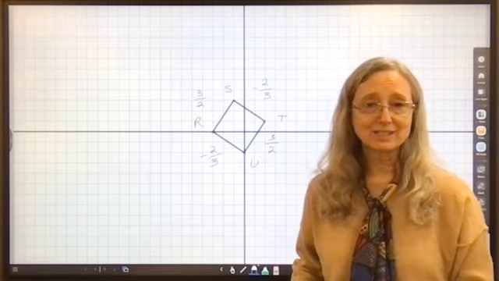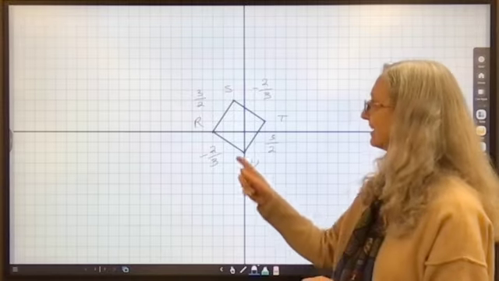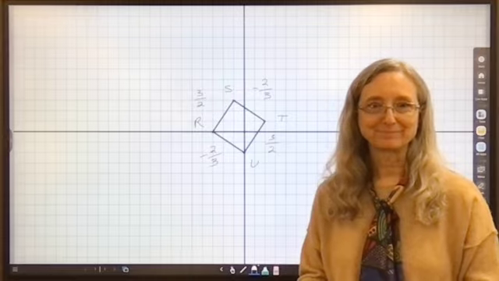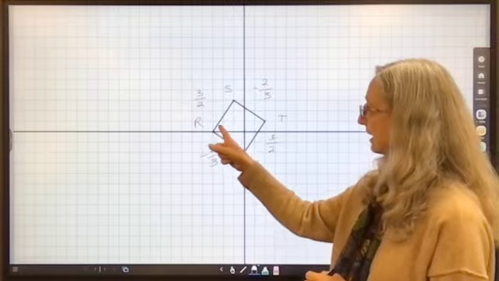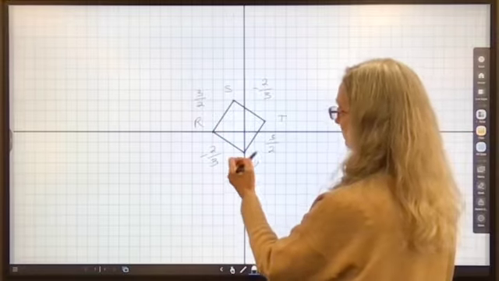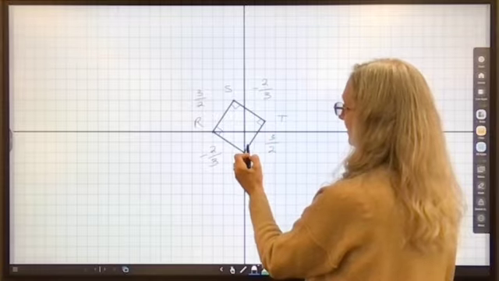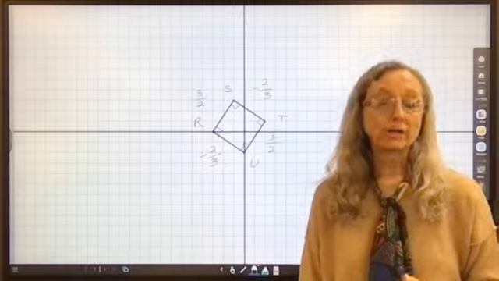So I have just discovered opposite sides are parallel, and these slopes are perpendicular. At least this is a rectangle, because since these slopes are perpendicular, these are 4 right angles. So now all I have to do is determine, is it a rectangle or is it a square?